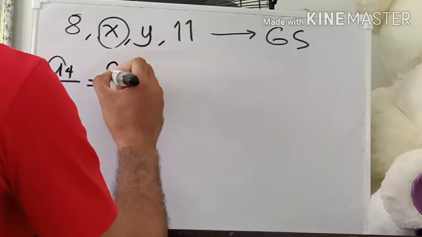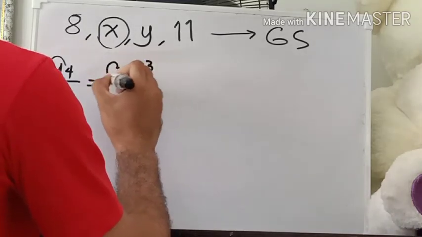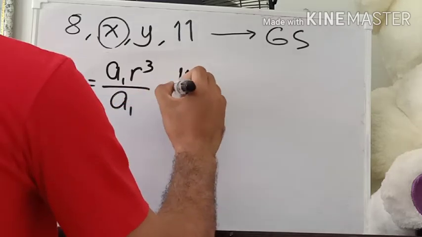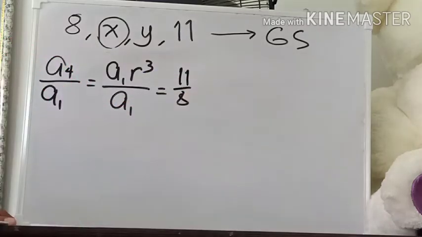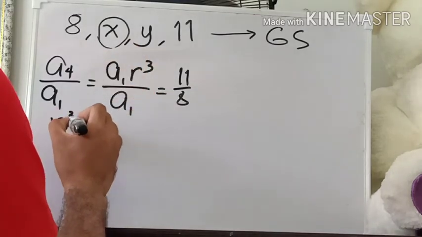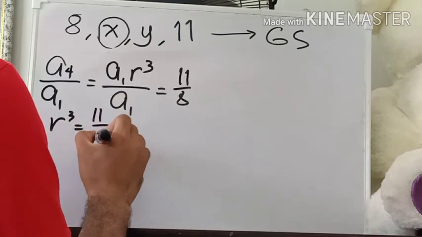So that will be a sub 1 r cubed divided by a sub 1 is equal to 11 over 8. Dividing these expressions, you will get r cubed equals 11 over 8.